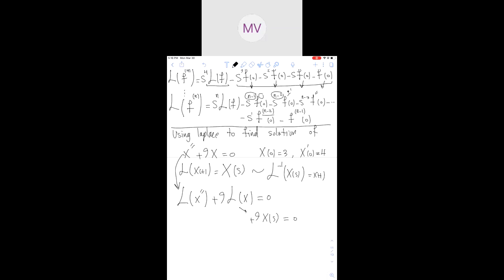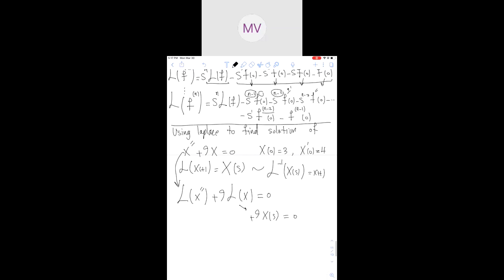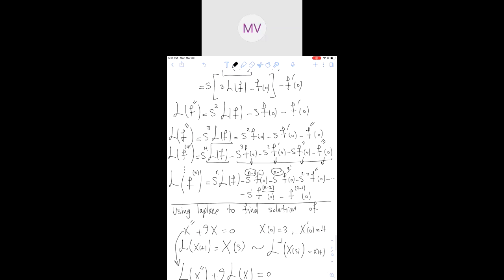Okay, now I'll write down the Laplace for x double prime. Well, we know what the setup is, right? So it's going to be s squared Laplace of x minus s x at 0 minus x prime at 0. Basically, this is the line I used. I replaced simply f with x.